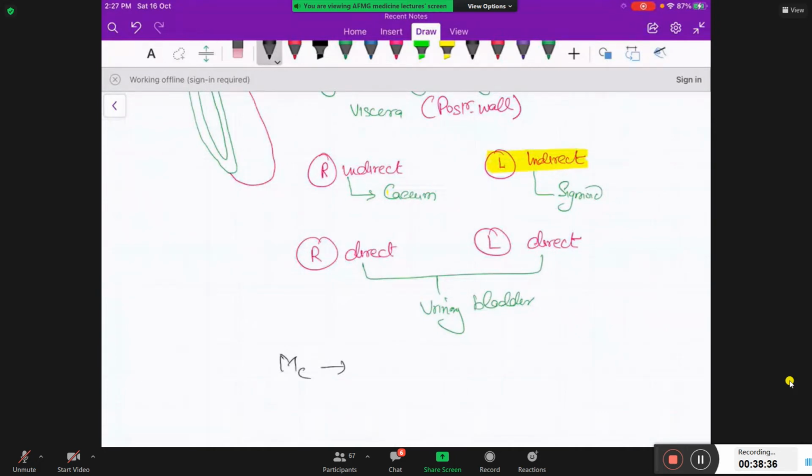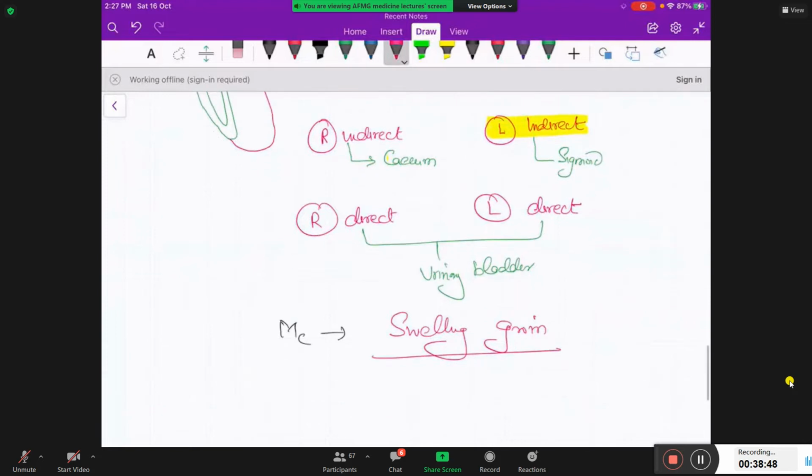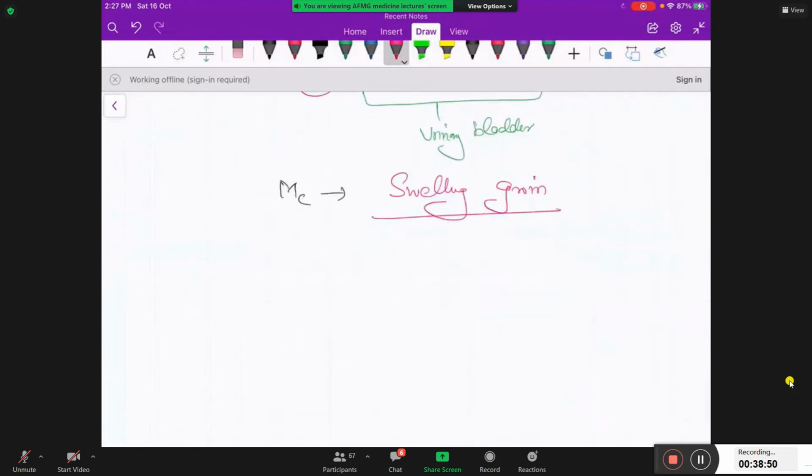Abnormal pouching को क्या बोलते हैं? Swelling. Most common presentation is swelling in the groin region. So the most common presentation of these patients is swelling in the groin.